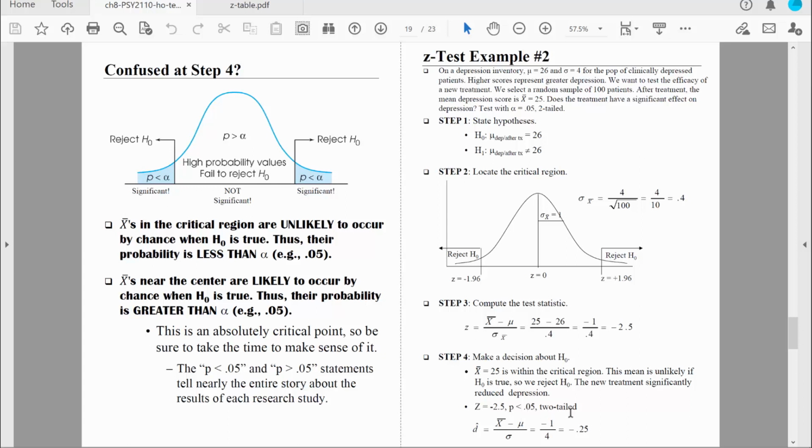The next thing that we need to do is include a measurement of effect size. So far, we've simply concluded that there is a statistically significant effect. We've concluded that people who are treated do have lower depression scores. But how much lower are their depression scores? It's true that their depression scores are 1 point lower on that depression scale, but most people probably aren't familiar with that particular depression scale.